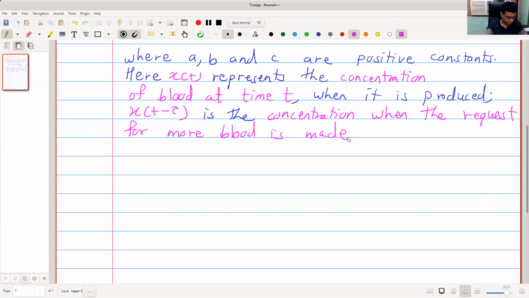and tau is, as usual, the time delay between the production of immature cells.